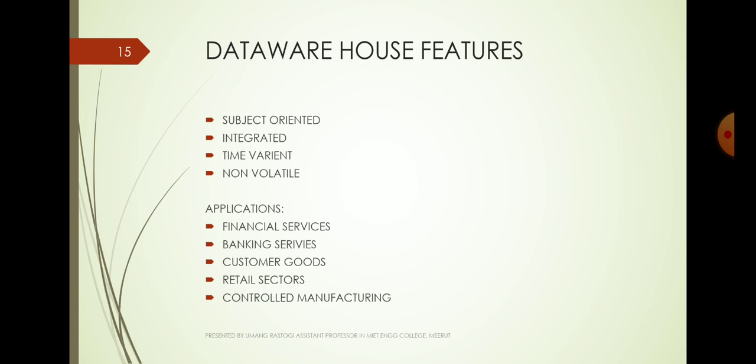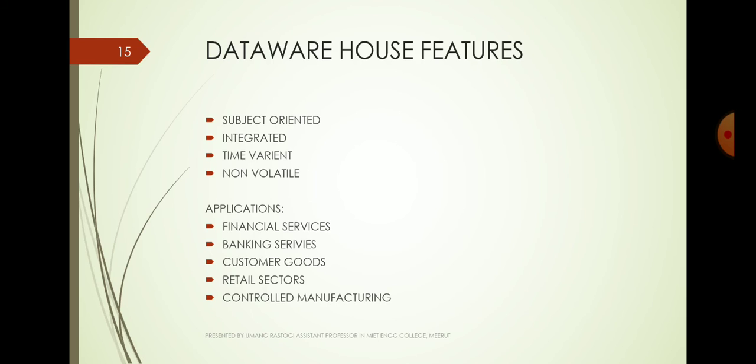In banking services, how many accounts there are, how much money is going and coming, how much loan is coming, how many customers there are, how many accounts were opened, how many accounts were closed. This type of data, yearly, will be saved in the data warehouse. So we can use it in banking services also.